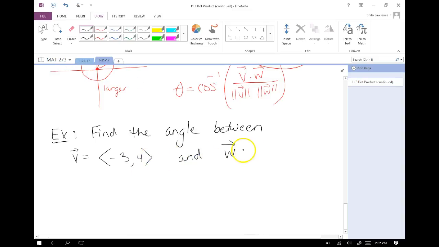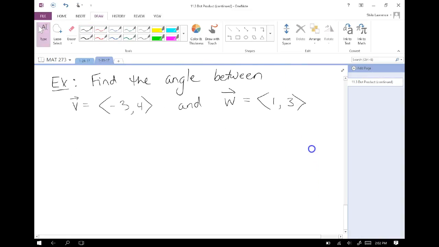And we're going to draw this one also just to kind of confirm the answer that we get makes sense. So vector v is negative 3, 4, and vector w is 1, 3. I'm going to draw those.